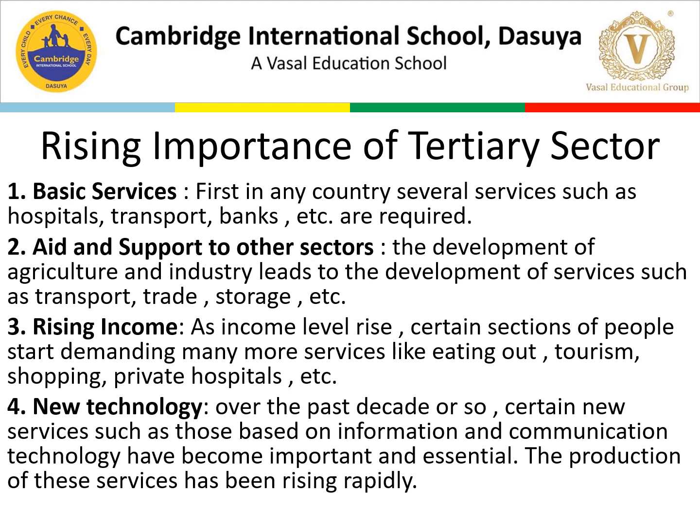Next thing is rising income. When somebody has a gain in their income, obviously they ask for many other services, beyond the basic services we usually use in the agriculture and industrial sector. If somebody has a good standard of living and the income of the person has increased, people start demanding many facilities like eating out. People go to restaurants and different food courts. They start demanding many more services like that.